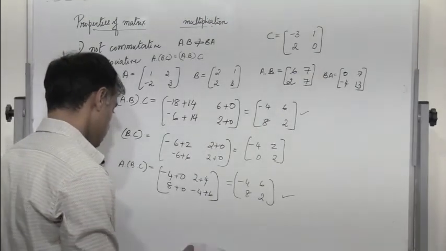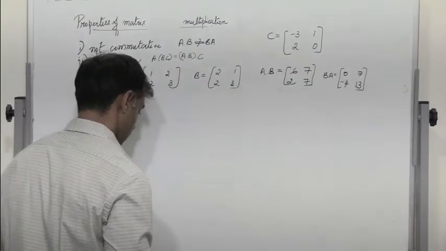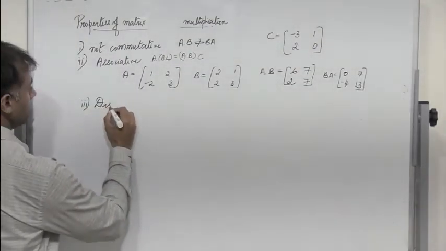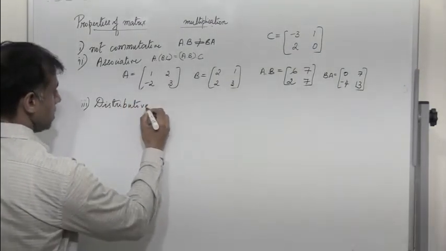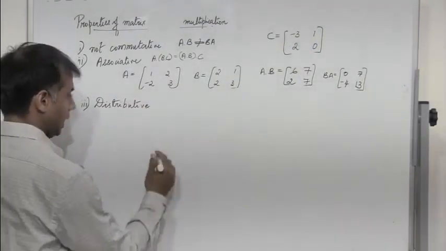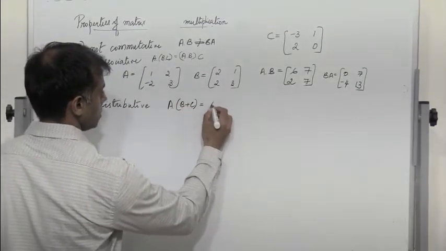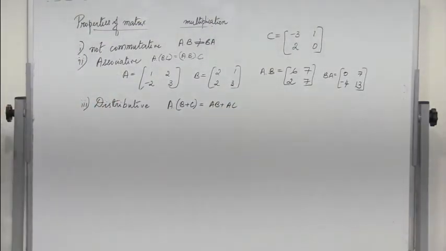So the next property states that, so the third property states that it is distributive. So what does this mean? So I have matrix A into (B plus C) equals AB plus AC. Right?